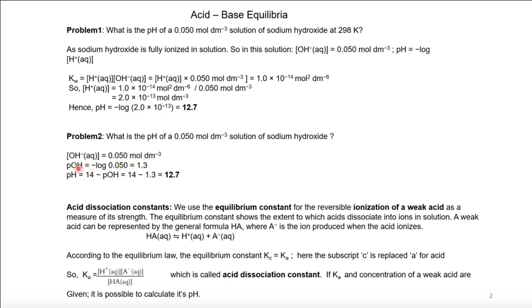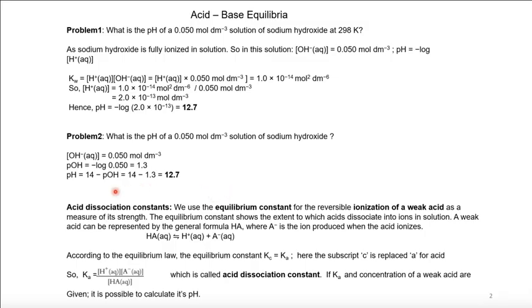So pH plus pOH equals 14, and therefore pH is equal to 14 minus pOH. The pOH is equal to 1.3, so we get 14 minus 1.3, which is 12.7. So in both ways, if we know the base concentration, we can find out the pH.